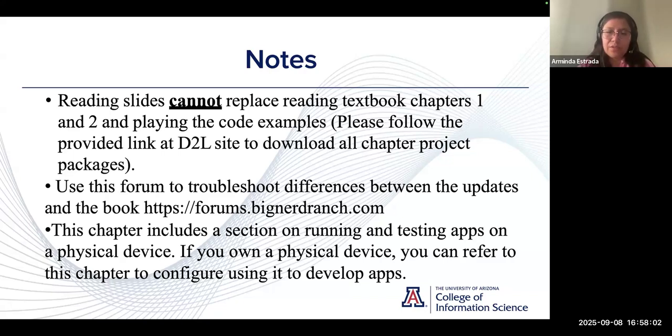If you own a physical device, you can refer to this chapter to configure it for developing apps. Again, do not do it, especially with the newer phones, right? You cannot install these apps unless you go into developer mode, and developer mode gives you more privileges and more access to do more things, but you are also putting some security risk in place.